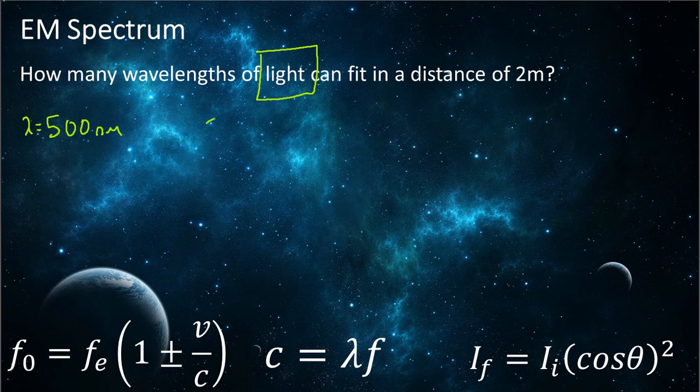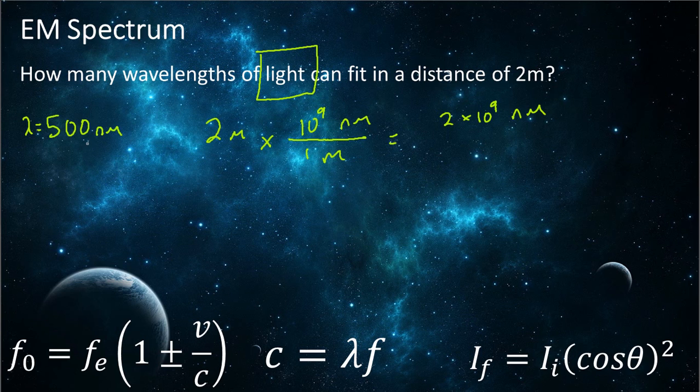So I'm going to take my 2 meters times, let's convert that into nanometers. I need to go 1 meter, and there's 10 to the 9th nanometers in 1 meter. So I'm going to get 2 times 10 to the 9th nanometers.